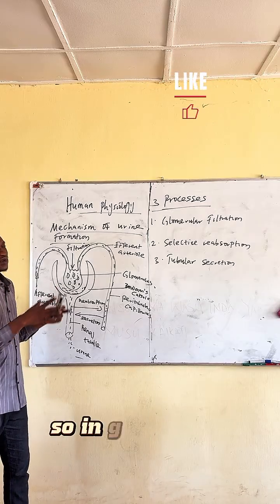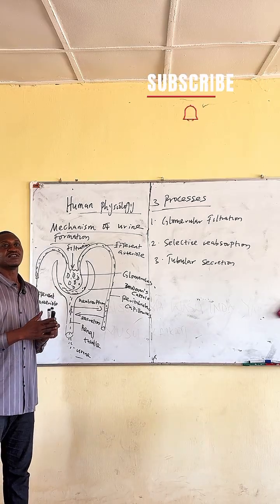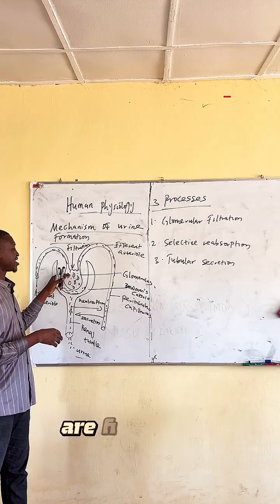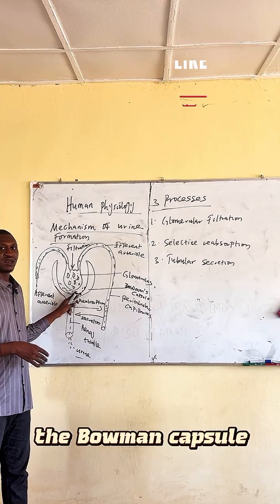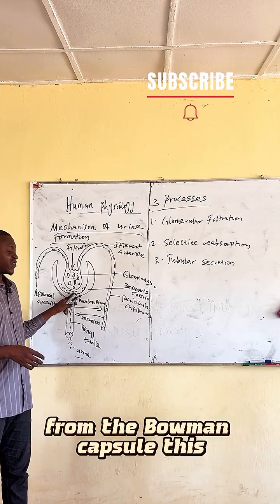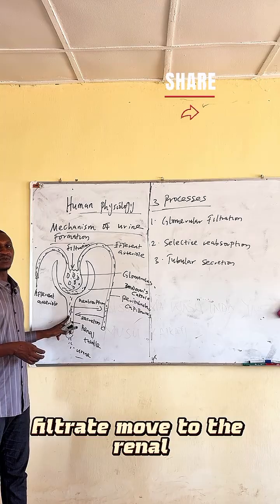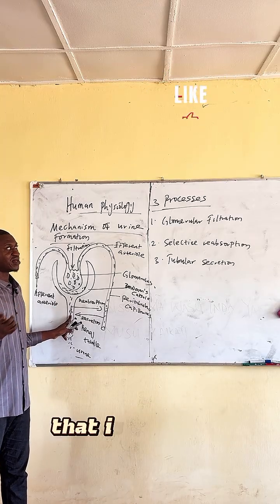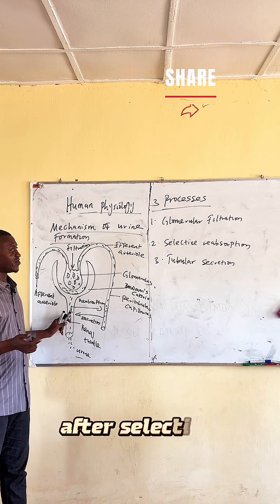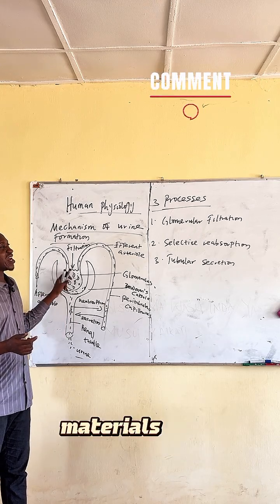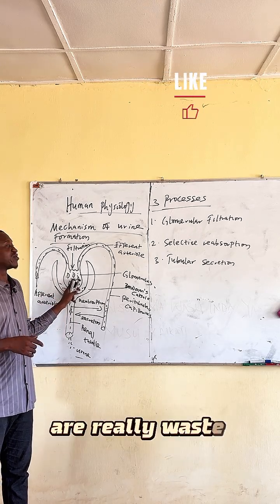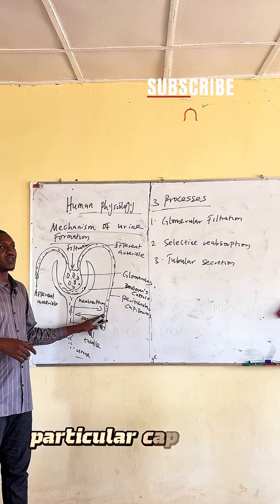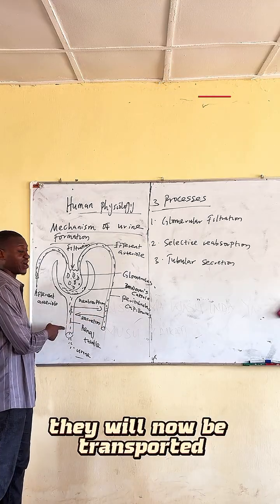So in glomerular filtration, waste products together with essential material are filtered by the glomerulus into the Bowman's capsule. From the Bowman's capsule, this filtrate moves to the renal tubules. In the renal tubules, those essential materials are returned to the blood. That is selective reabsorption. After selective reabsorption, materials that escape filtration and are really waste products, when they get to the peritubular capillaries, will be transported back to the what?